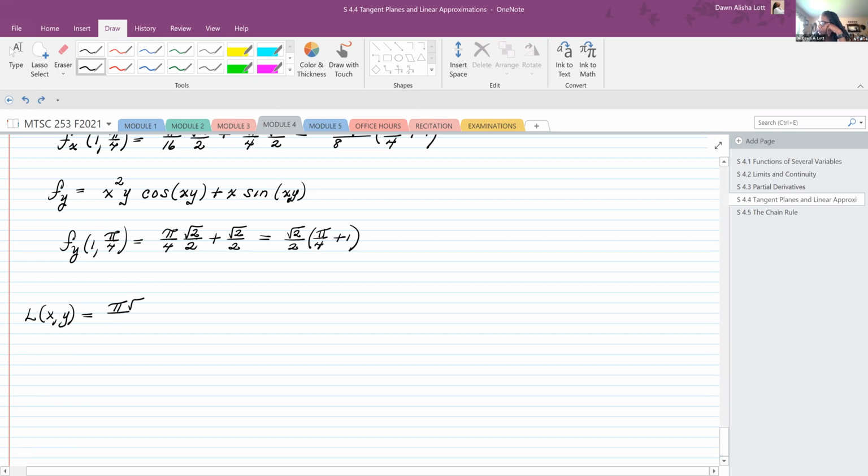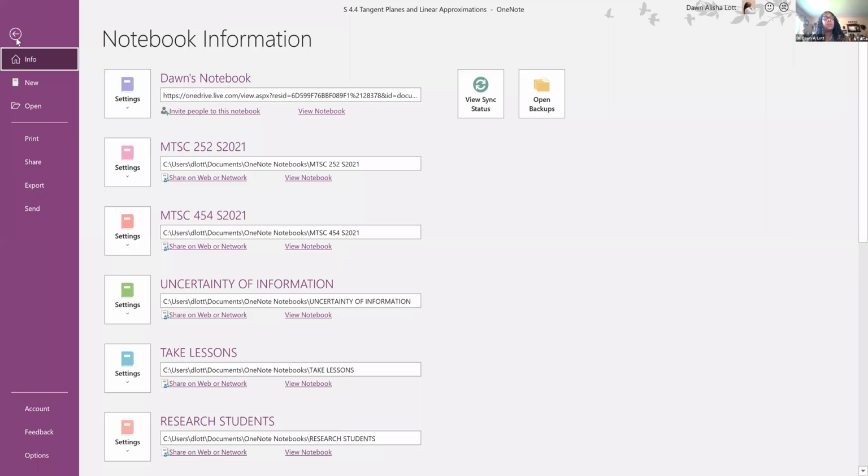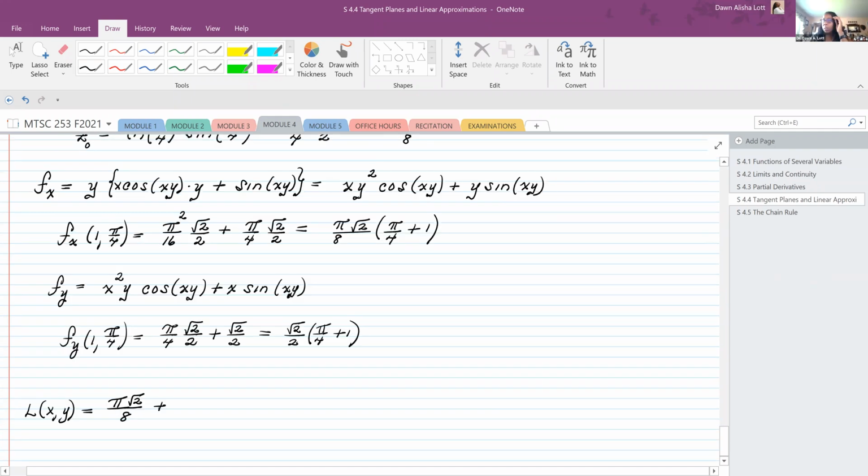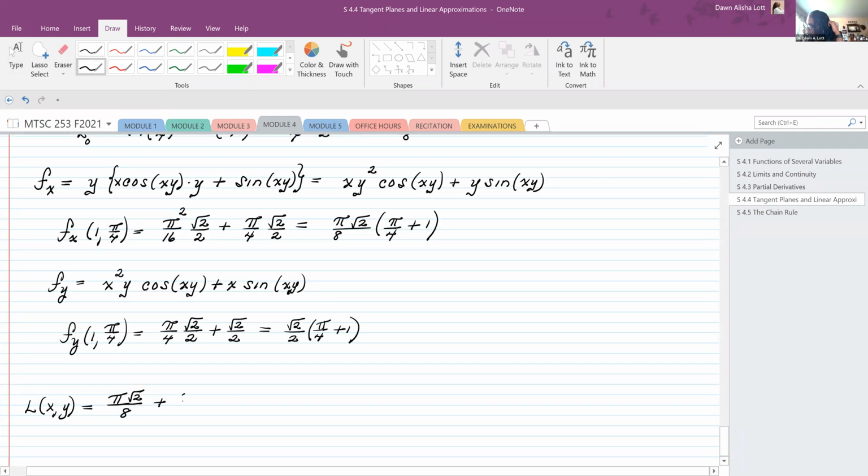Pi root of 2 over 8, plus that first crazy thing: the root of 2 over 2 times pi over 4 plus 1 times x minus 1, plus the root of 2 over 2 times pi over 4 plus 1 times y minus pi over 4. Okay, it's ugly, but you put in what you get.